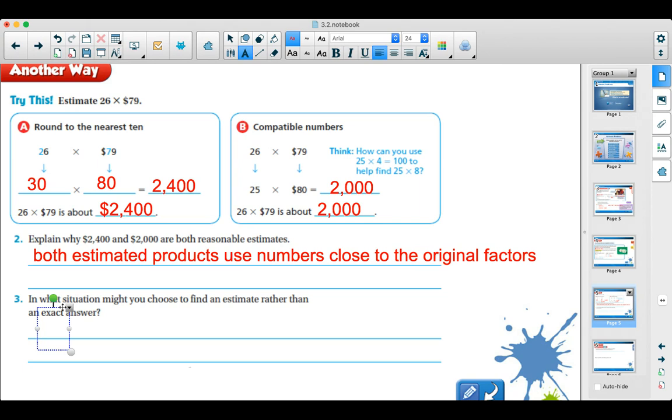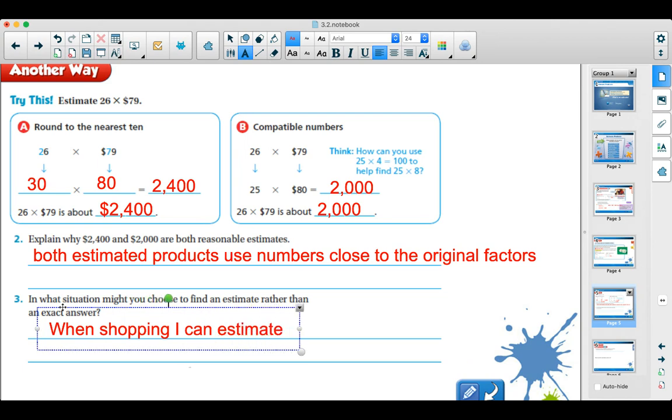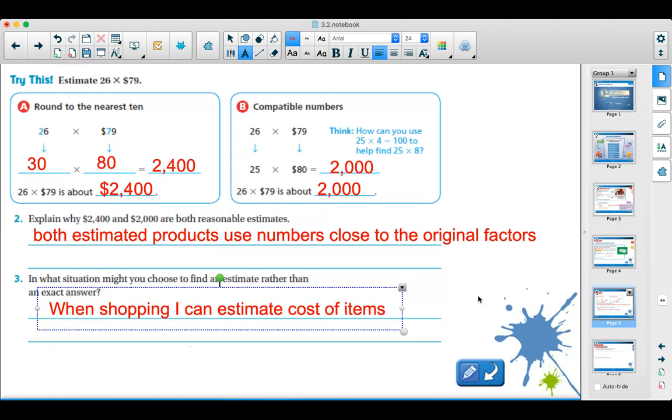I have $40, so I can estimate the cost of those 2 items. So when shopping, I can estimate the cost of items. Make sure you include this information in your Go Math book.